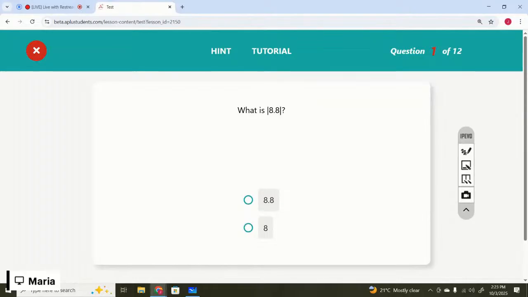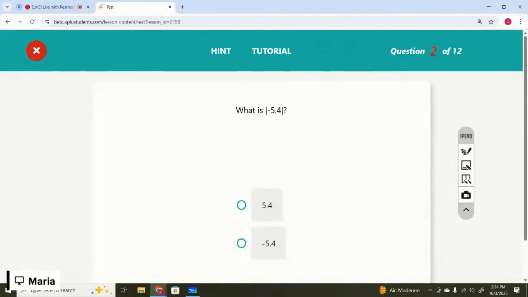What is the absolute value of 8.8? The absolute value of 8.8 is 8.8, that is already a positive number. So 8.8 it is.